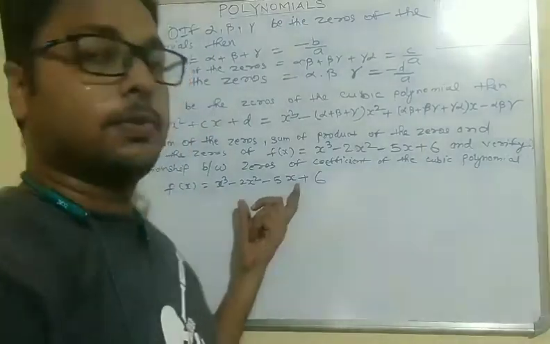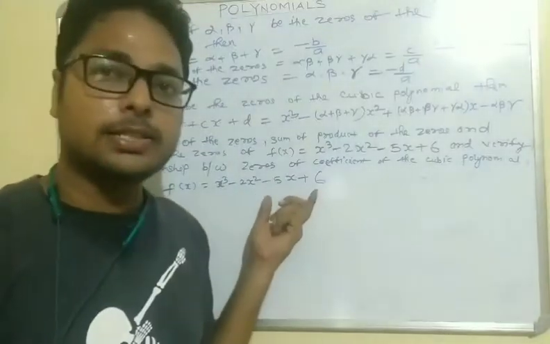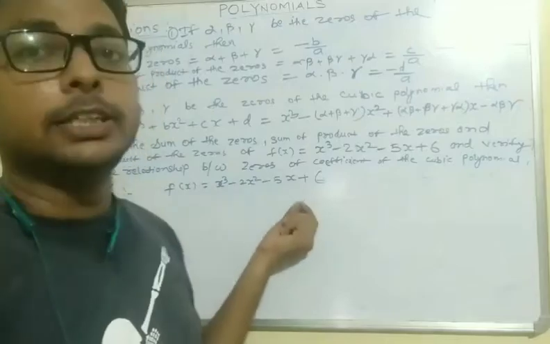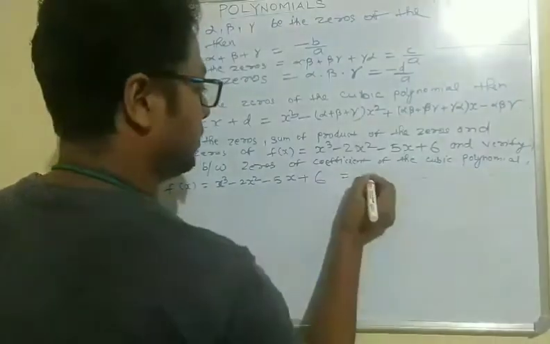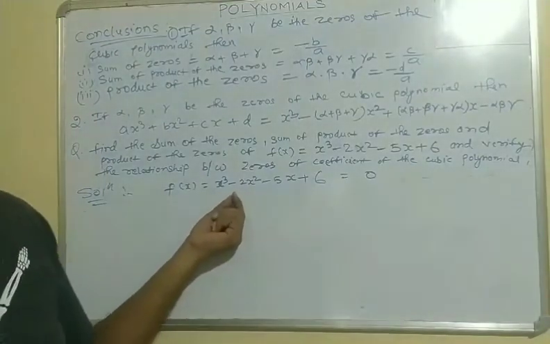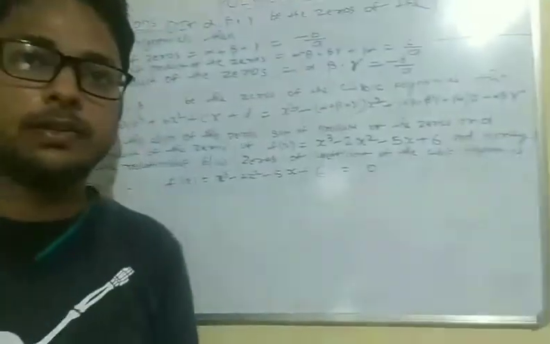I have to know the factors of this cubic polynomial, which I have already studied in class 9th. Now I will put some value of x and try to get f(x) equal to 0, because it is a zero of the polynomial.